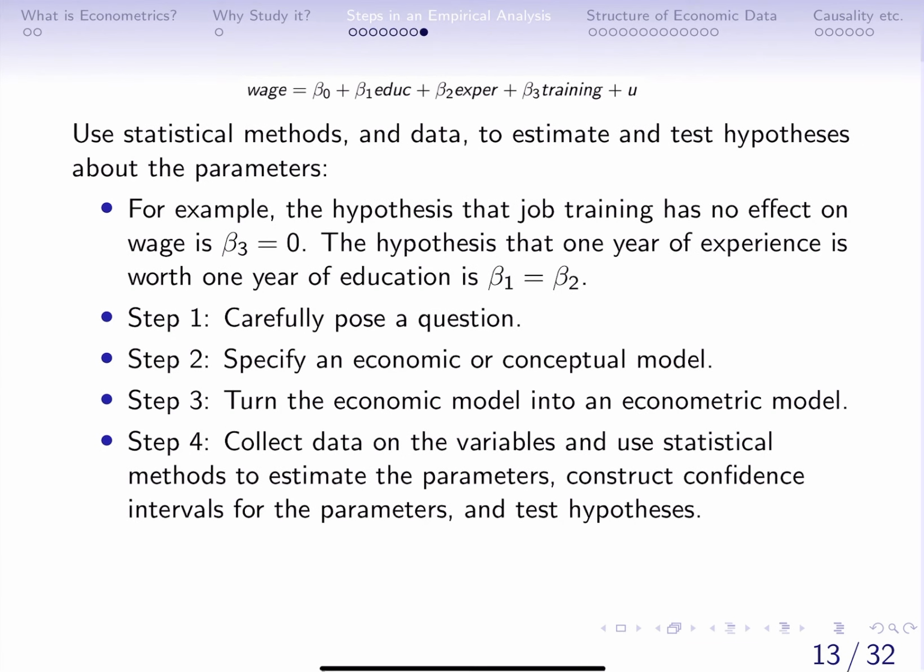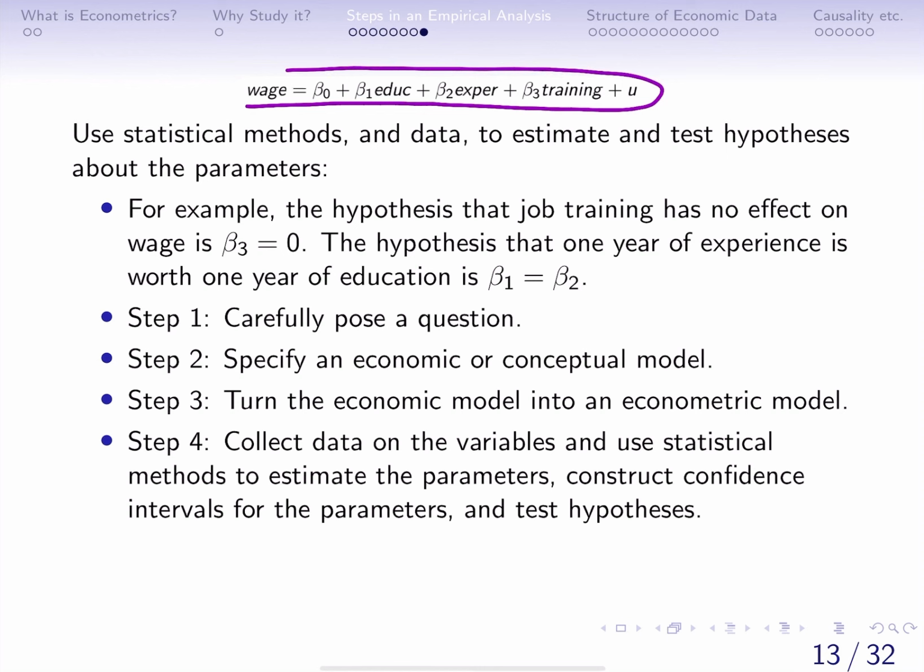So just to recap, remember that we came up with this econometric model after we carefully posed a question and formulated an economic or conceptual model. We can always test different types of hypotheses once we've written out that model. So maybe we want to test the hypothesis that job training has absolutely no effect on wages.